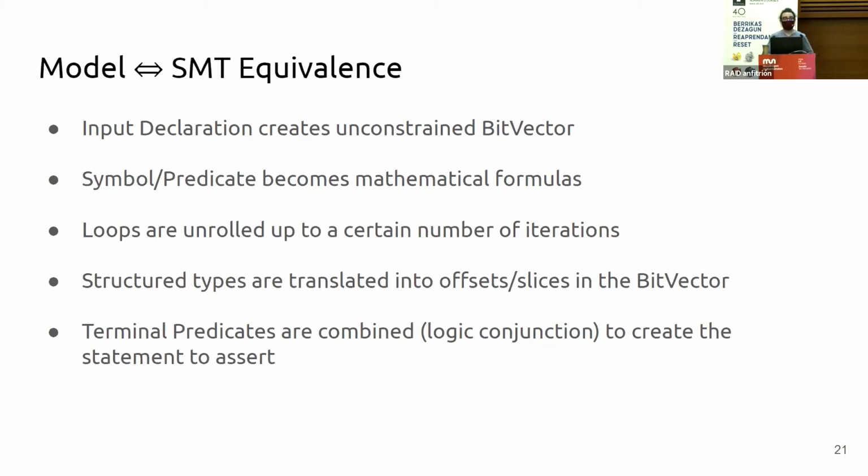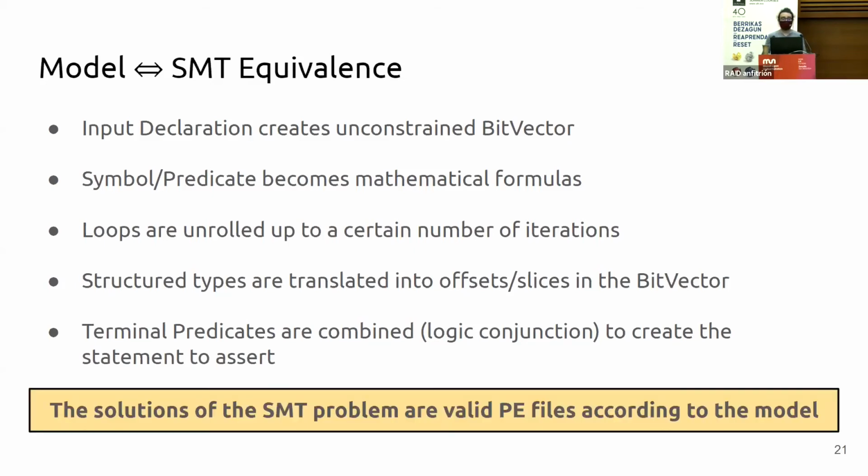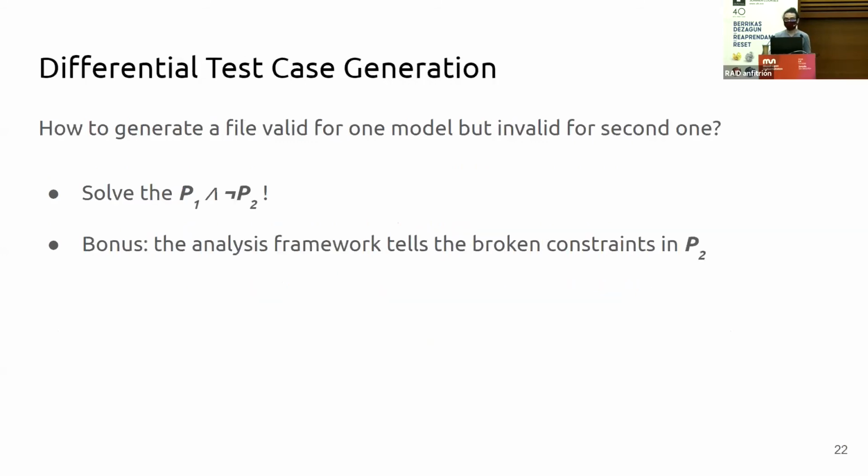We handle loops by unrolling them up to a certain number of iterations. We handle structural types by translating them into offsets and slices in the original bit vector. And once the translation is completed, we take the terminal predicates and combine them together in a logic conjunction to create the statement that the solver needs to assert. An SMT problem created with this approach has as solutions files that are valid according to a model.